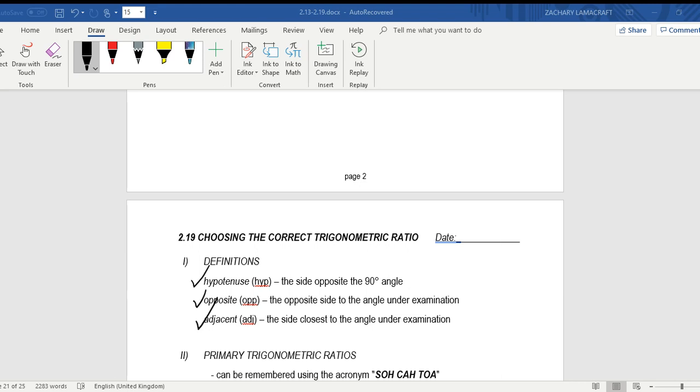Can somebody write in the chat our 3 acronyms we use for trigonometry? What are the 3 acronyms we use? Actually, not somebody, everybody write it. Everyone write that in the chat.